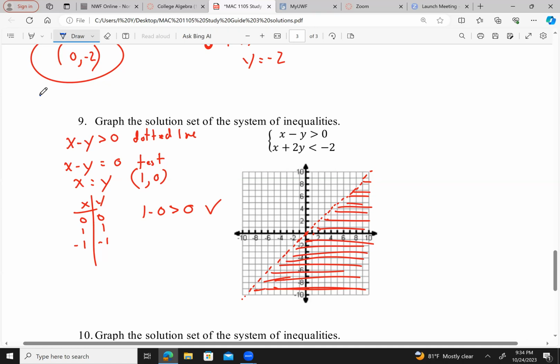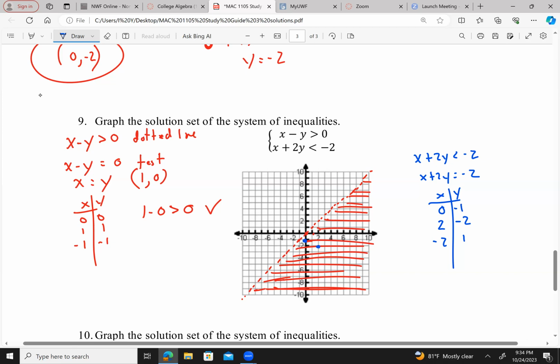So now we look at x plus 2y is less than negative 2. Again, x plus 2y equals negative 2. Find us some points to define our line. If x is 0, y is negative 1. If x is 2, y is negative 2. And if x is negative 2, y is positive 1. So I have 0, negative 1. I have 2, negative 2.